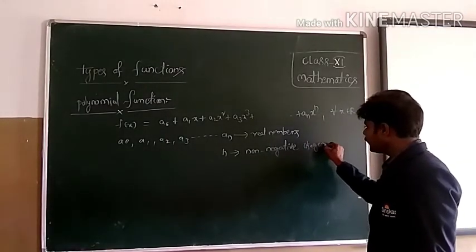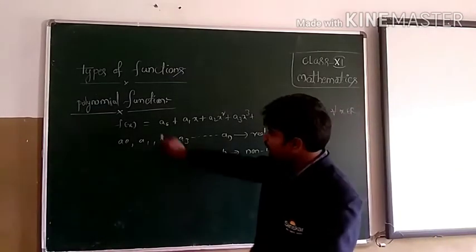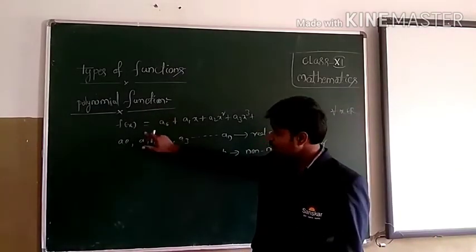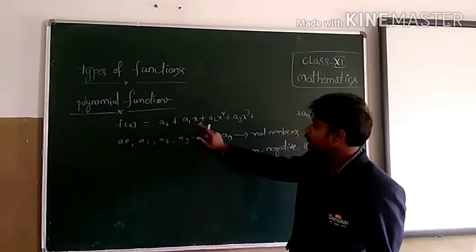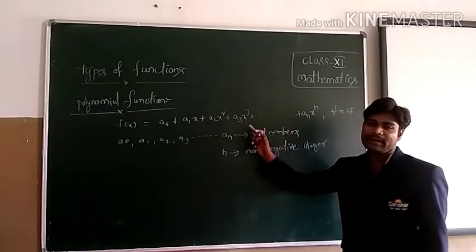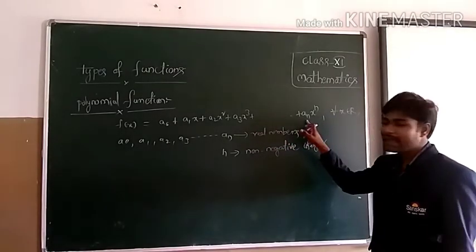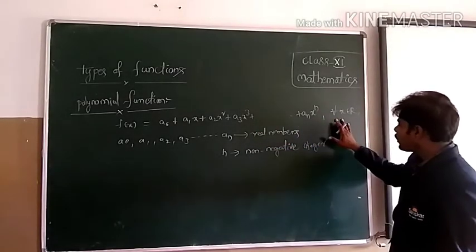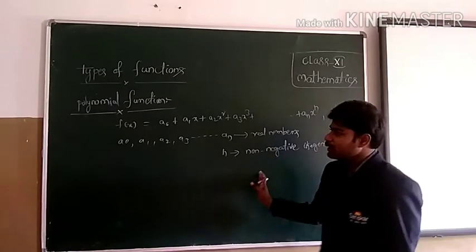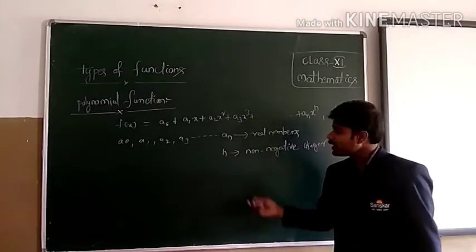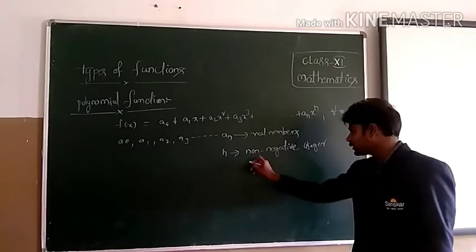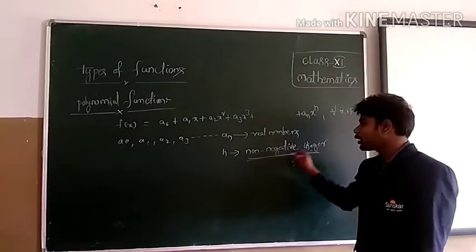So once again, a polynomial function is a function defined as f of x is equal to a0 plus a1x plus a2x square plus a3x cube plus, and so on, an x to the power n, for all x belongs to R, where a0, a1, a2, a3 and an are real numbers and n is a non-negative integer. This point is very, very important.